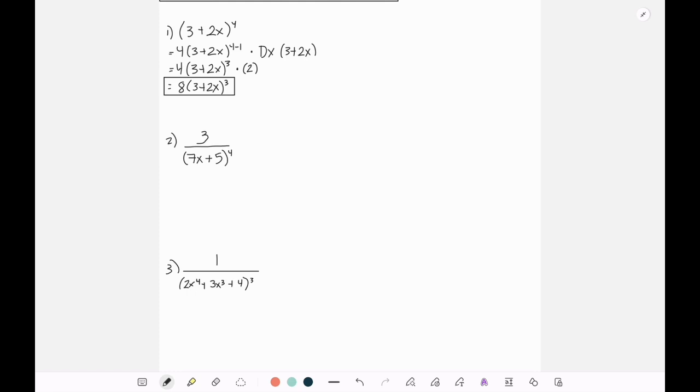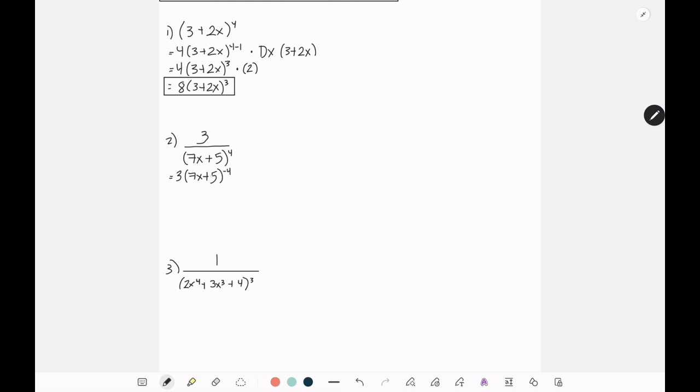So, paano natin siya gagawin? Una, copy muna natin yung numerator. So, it will be 3. And then, copy the denominator, 7x plus 5. Now, yung 4 natin, it will turn into negative. So, it will be negative 4.